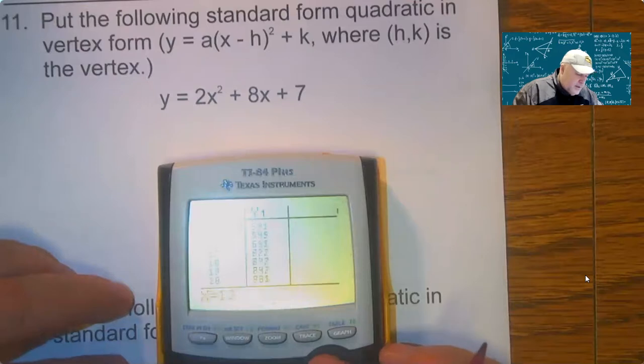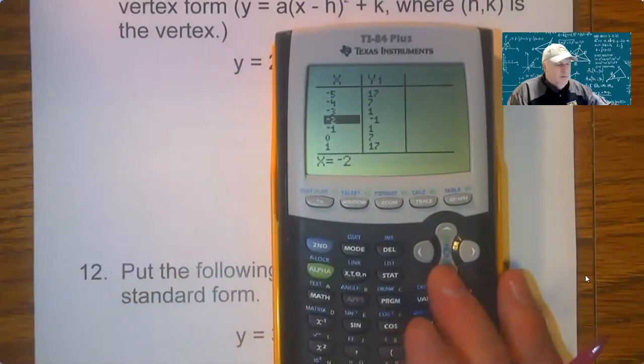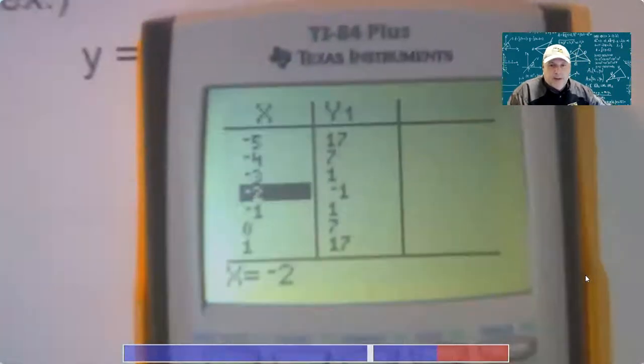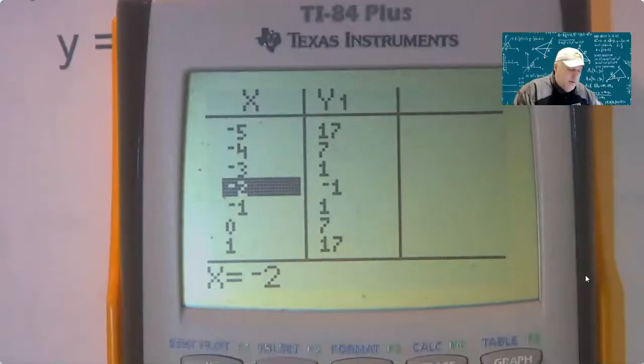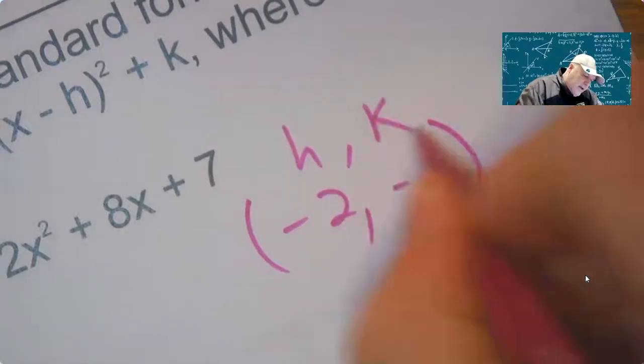So looking at the table, I want to see where above and below, so it's -2, -1. You see that pattern? That's the vertex. That's the H and the K.